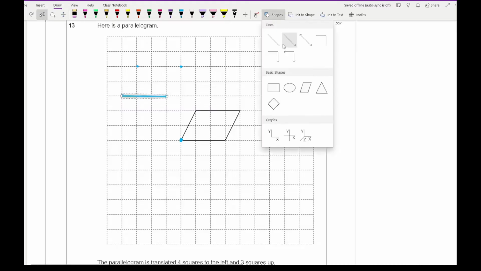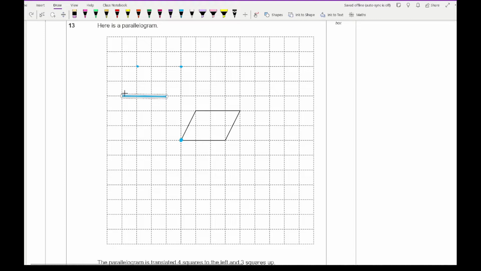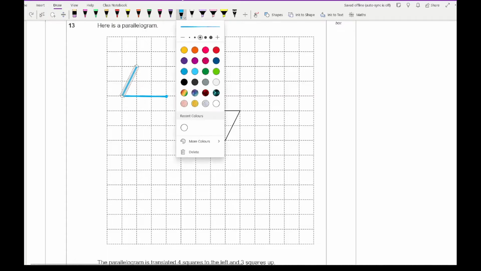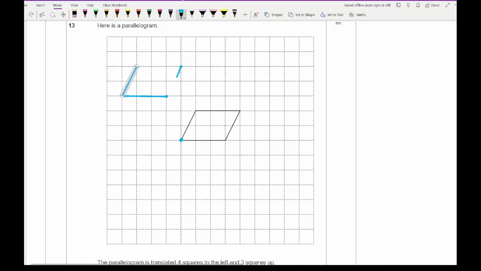In terms of the marks for this question, you would get marks if your shape was at least in the same position vertically, and then a couple of marks for it being the same horizontally. And I'm just going to cheat now. So that's where it should be.